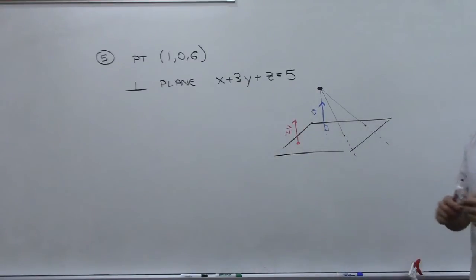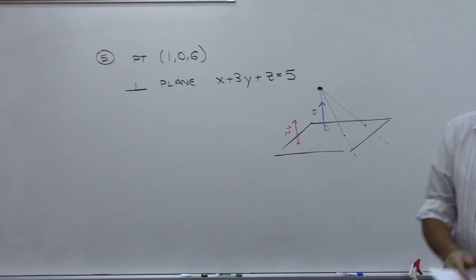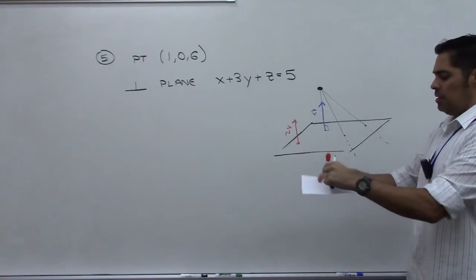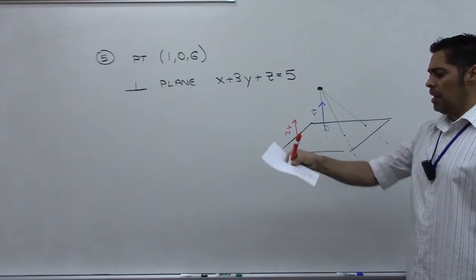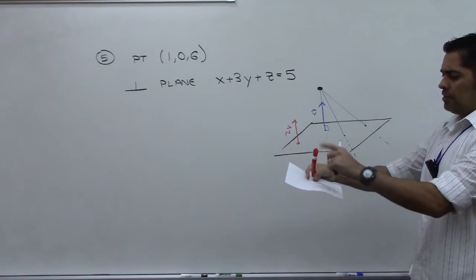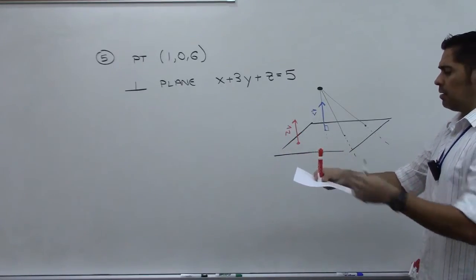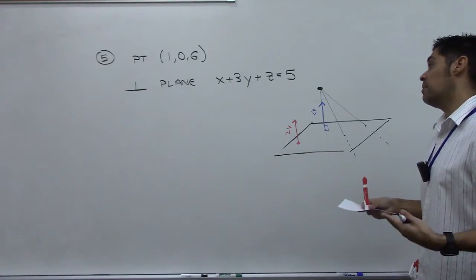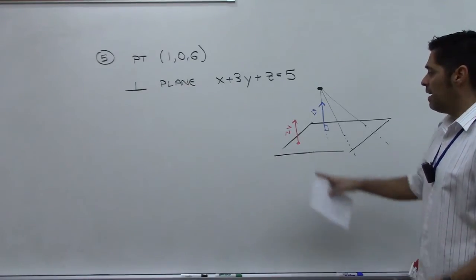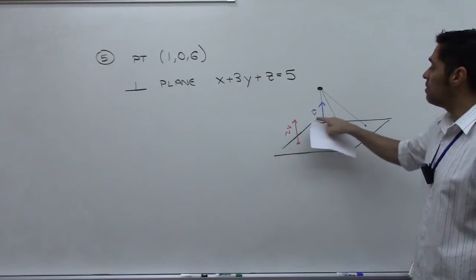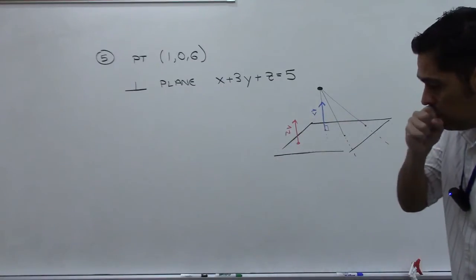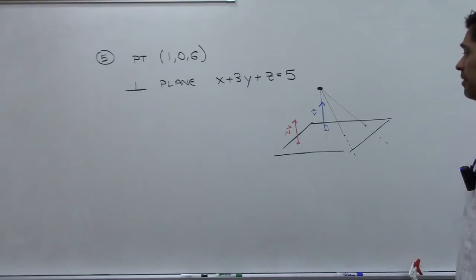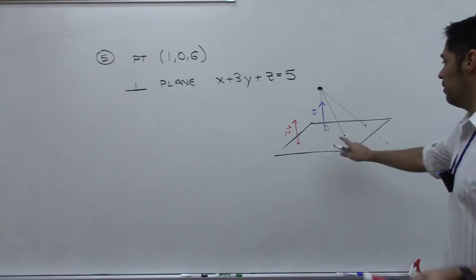Remember that all planes have a normal vector, which points out of the plane and runs perpendicular to it. Since our line's direction needs to be perpendicular to the plane, I can use this normal vector as my V. So if I let my V be the normal vector, then I have the direction. The only question that remains is what is the normal vector of this plane?